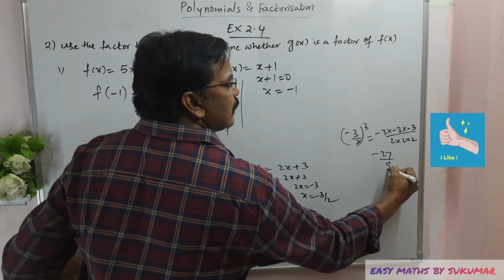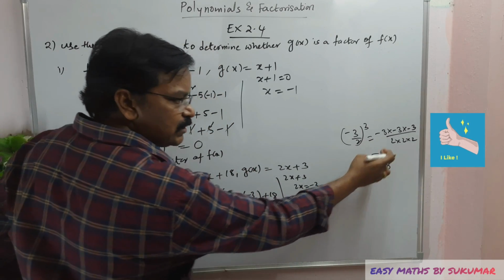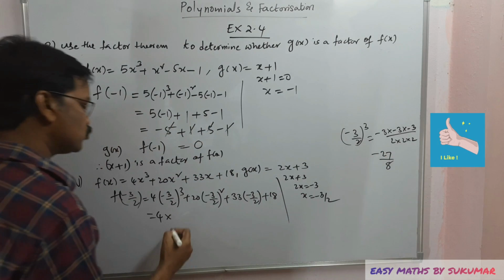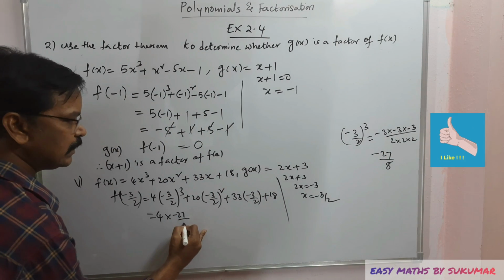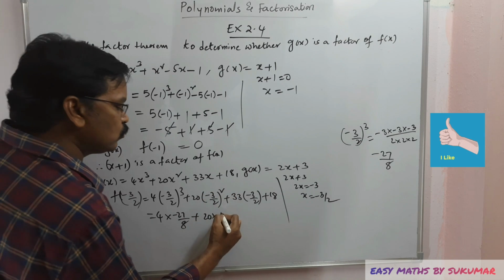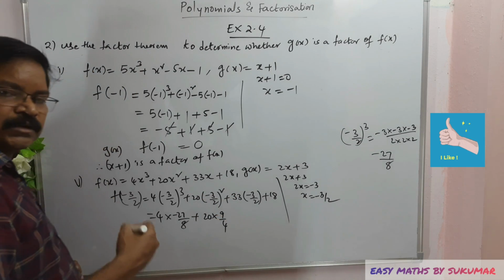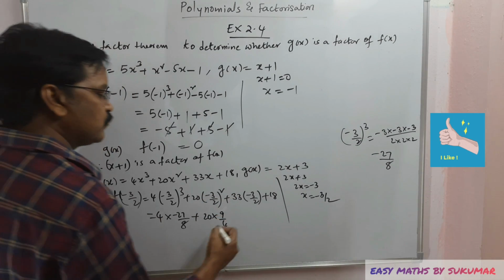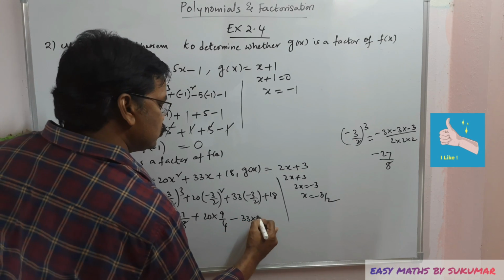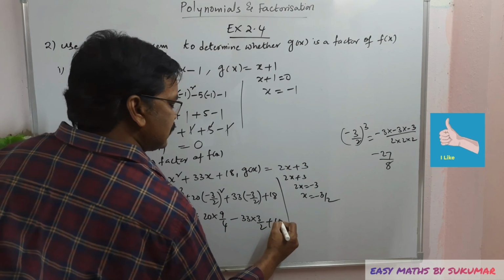Minus 27 by 8. Why do you get minus here? Minus into minus is plus, plus into minus is minus. So that is minus 27 by 8 plus 20 into, minus 3 by 2 whole square is 9 by 4. Minus 3 whole square is 9, 2 square is 4. Plus into minus is minus, 33 into 3 by 2, plus 18.